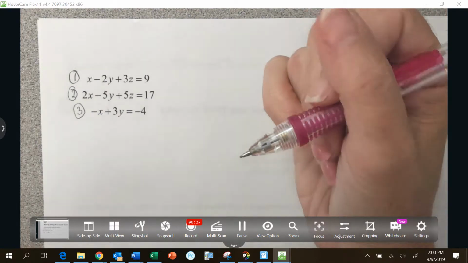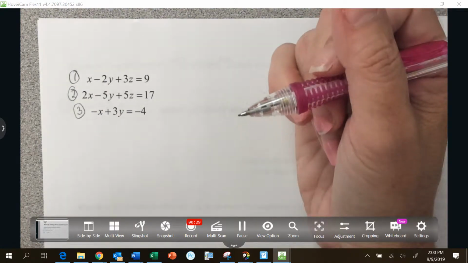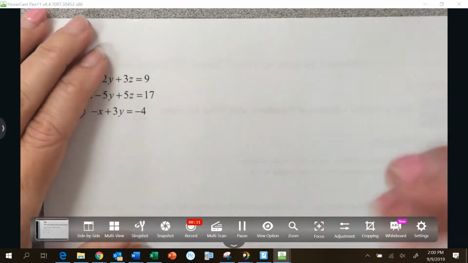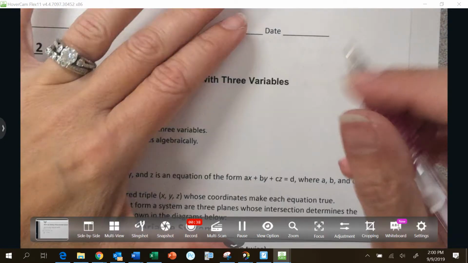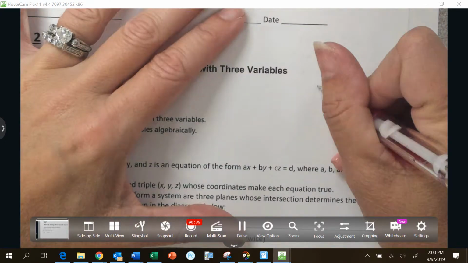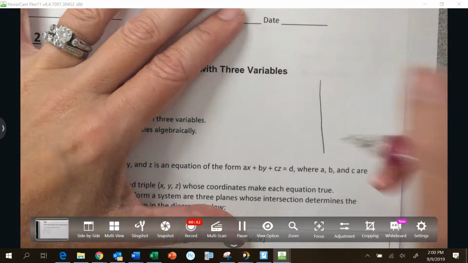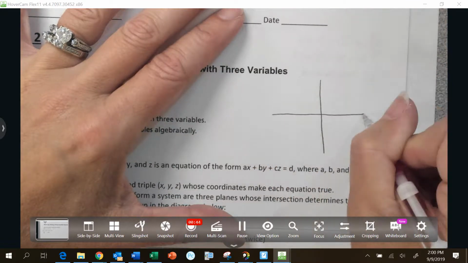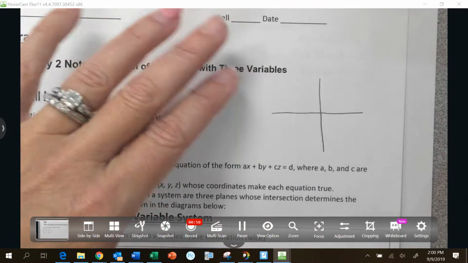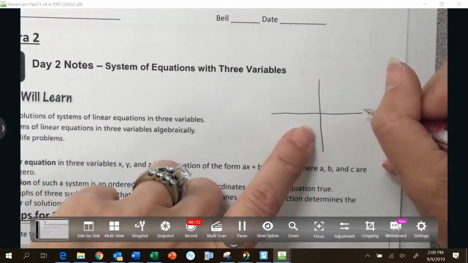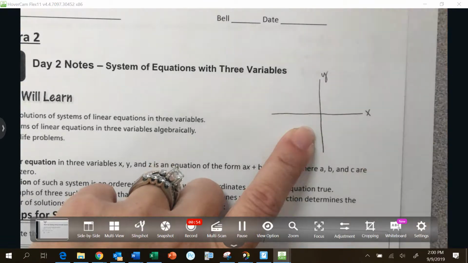Now, when you find this answer, which we'll do in a moment, I'm just going to go off to the side. You don't even have to copy this down if you don't want to, because you're not going to do anything with this. I want to explain, when you find 3 variables, it is where 3 equations overlap, but these 3 equations have 3 variables, so it's not just an x and a y axis.